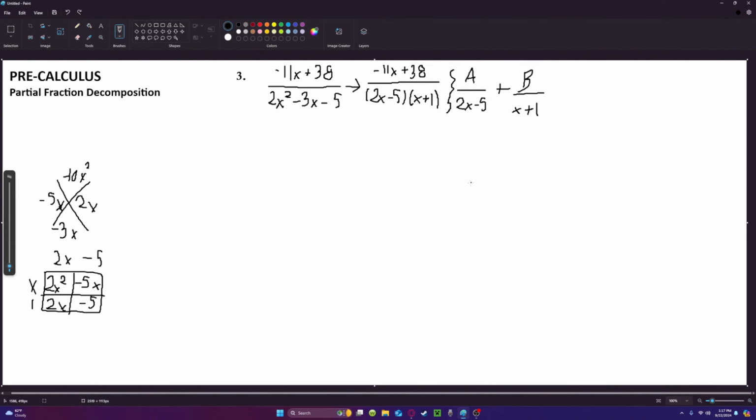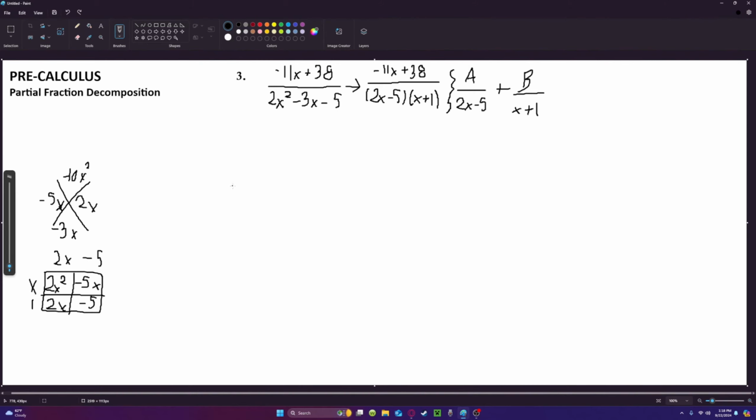So I could put a over x plus 1 and then plus b over 2x minus 5. You might have a different answer than somebody else if they use it this way, but both answers will be correct. You don't have to fear about doing that. So if you get an answer different than someone else, don't worry.